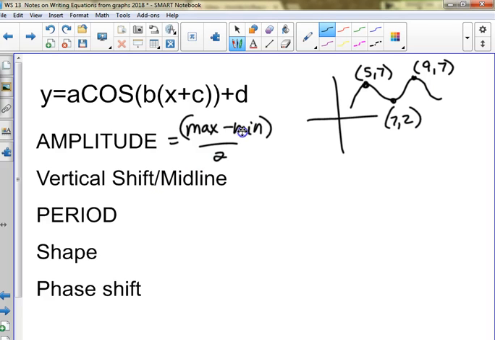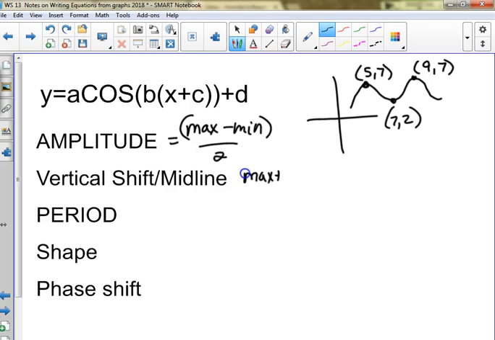All right, so the amplitude is really how far above and below you go from the midline. The midline seems like it should be in the middle. How do you find the middle of two numbers, guys? Add and divide by 2.